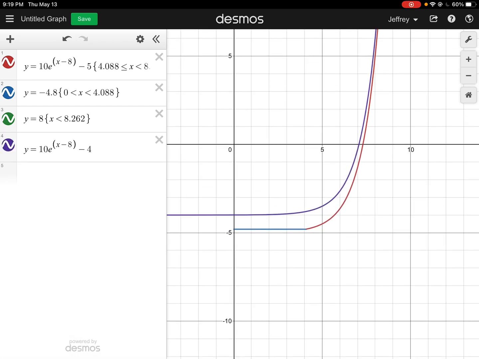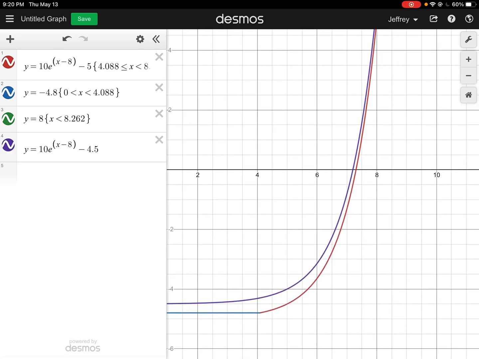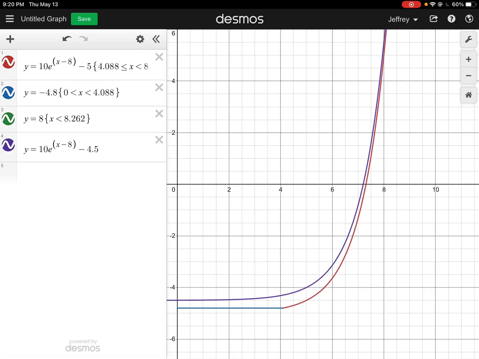Now that's a bit thick on the bottom, so I'm going to do minus 0.5. Yeah, I could do something like that, 4.5. That's fine. But notice how it doesn't keep the same thickness throughout.